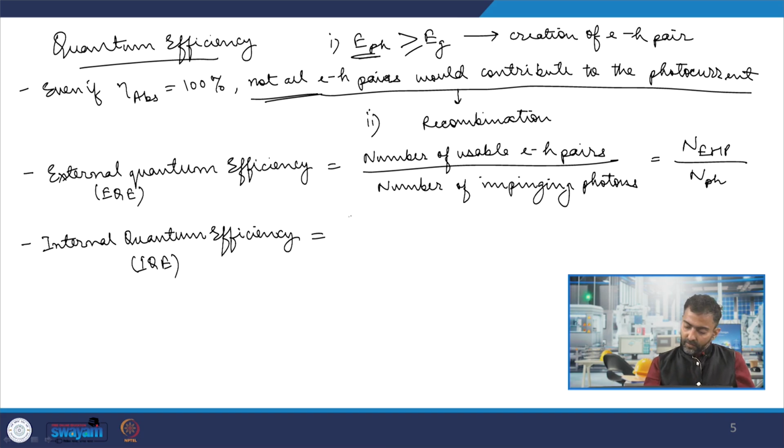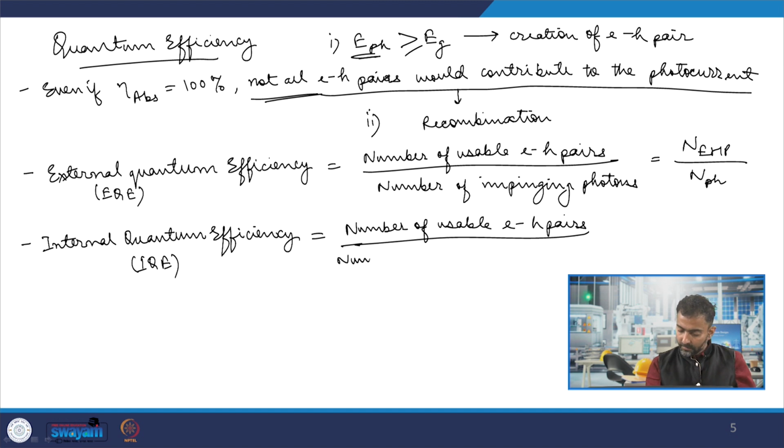Here it is defined as the number of usable electron hole pairs divided by the number of photons penetrating into the solar cell.